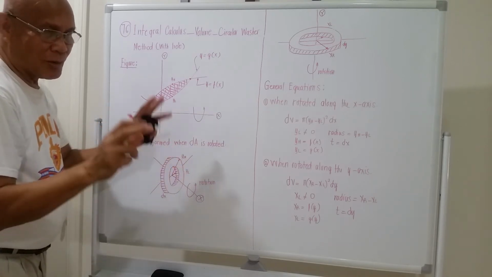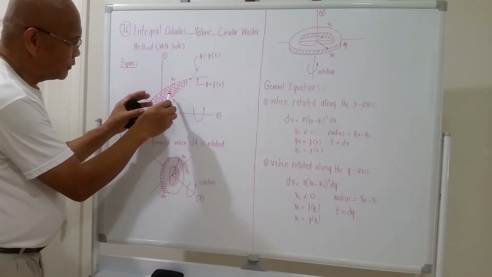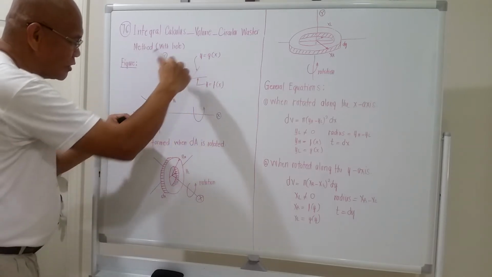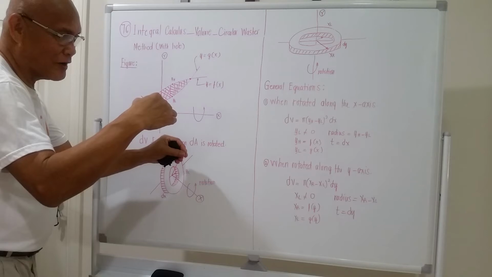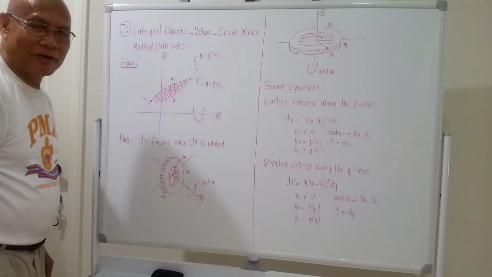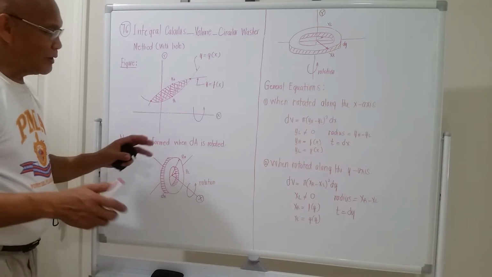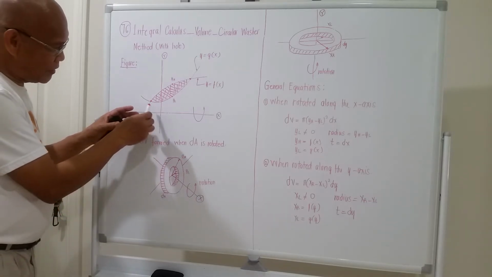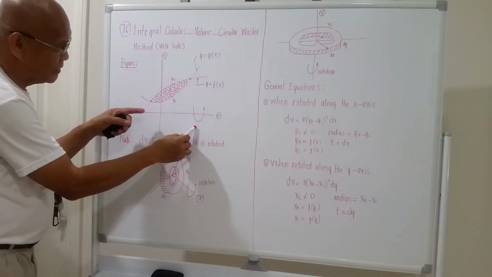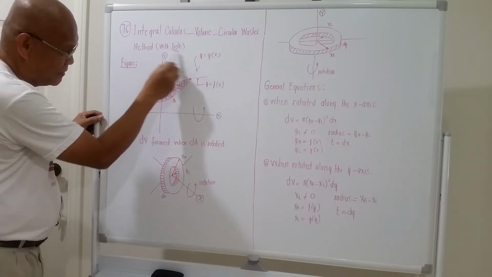And supposing they will ask you, if you try to rotate the area bounded by the first curve and the second curve with respect to the x-axis, what will be the volume? That's the problem. If the first curve is not on the x-axis, there should be a hole.